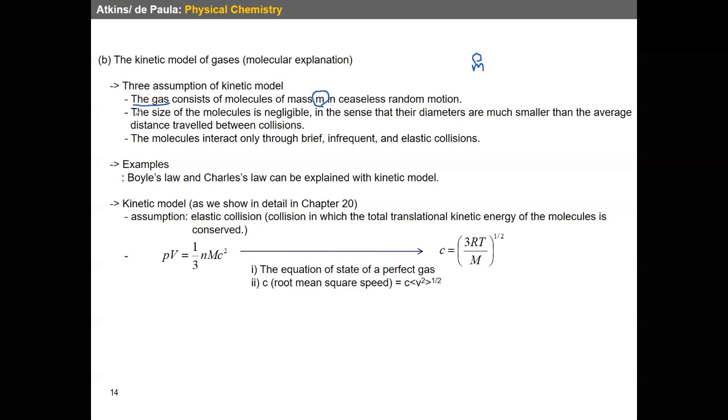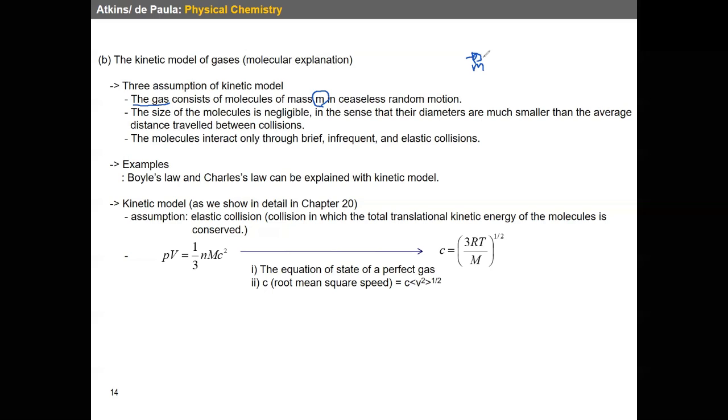The second assumption is that the size of the molecule is negligible. In this sense, their diameter is much smaller than the average distance traveled between collisions, so we can simply ignore the size of these molecules.